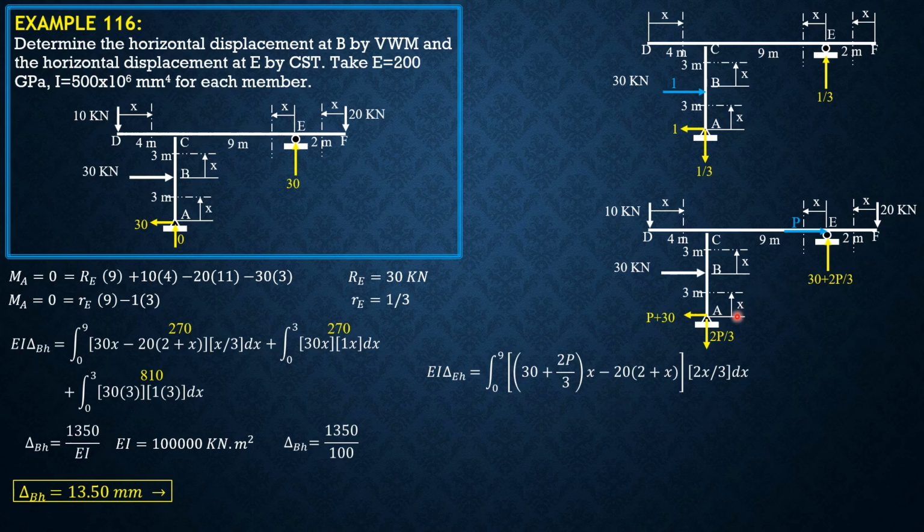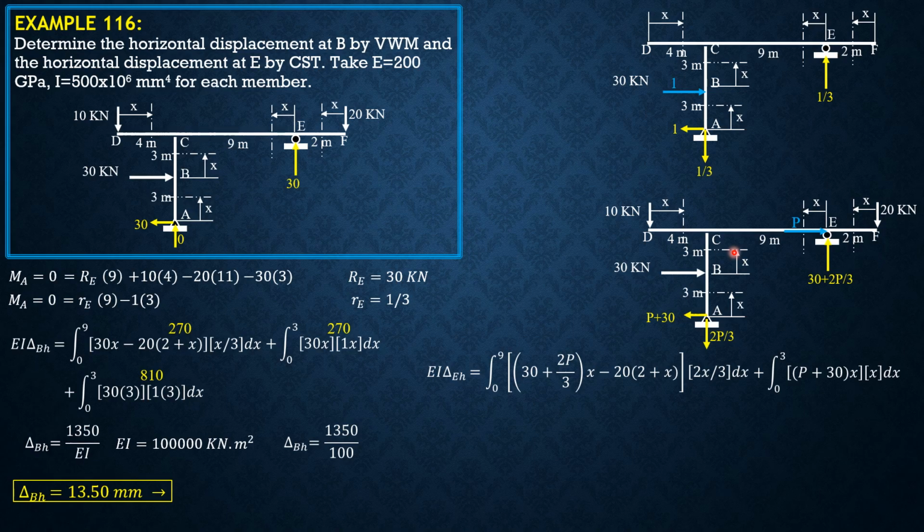Then plus in this section here, the moment is quantity P plus 30 times x. And the derivative is x dx. 0 to 3 of P plus 30 times x, the derivative with respect to P is x dx.